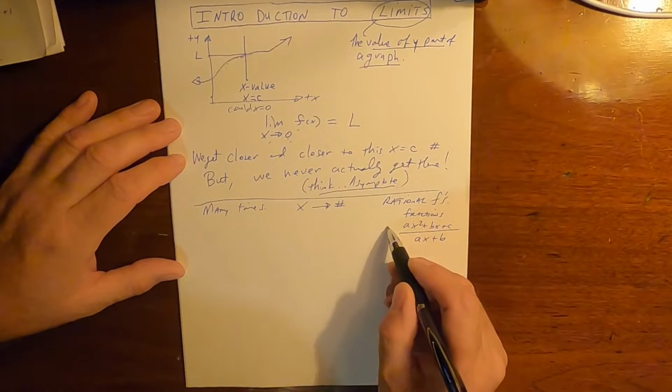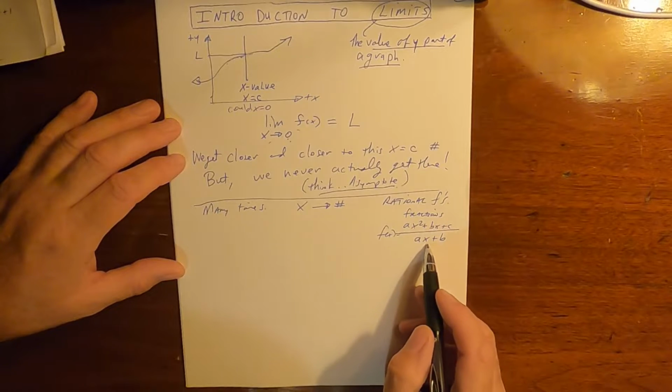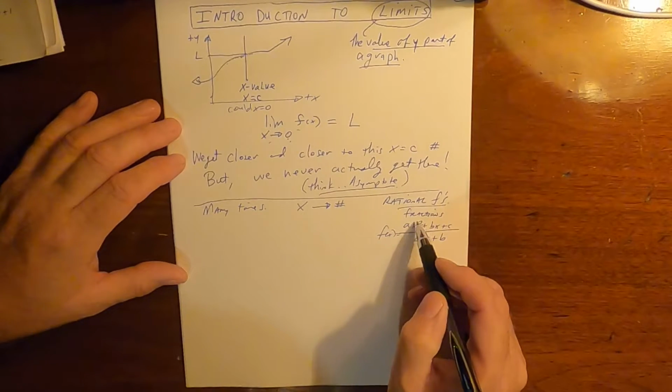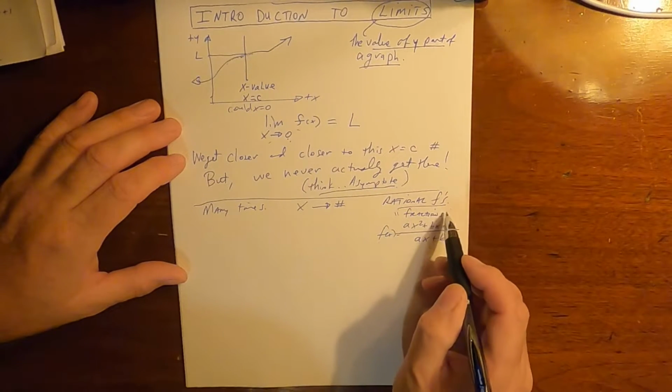So this would be your f of x, just showing you some example here. There's a rational function like fractions.